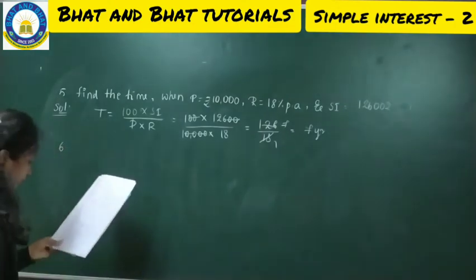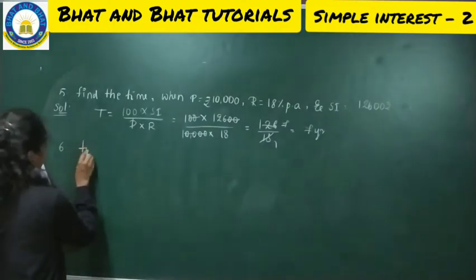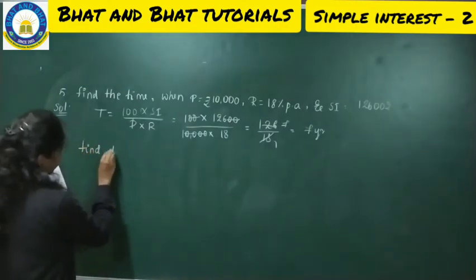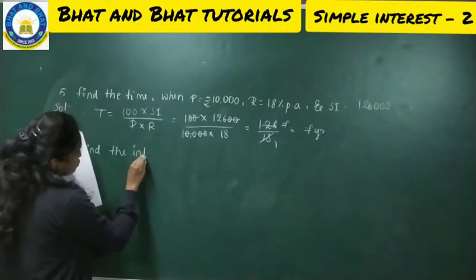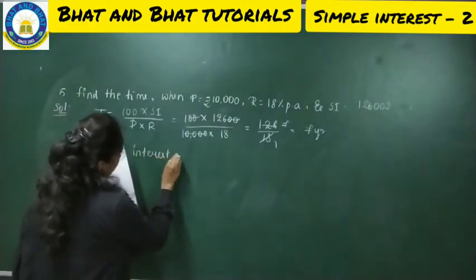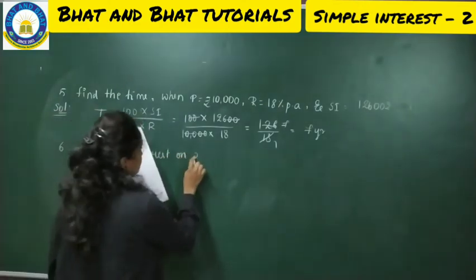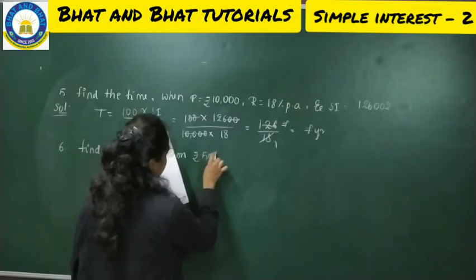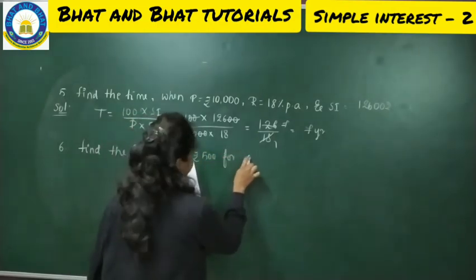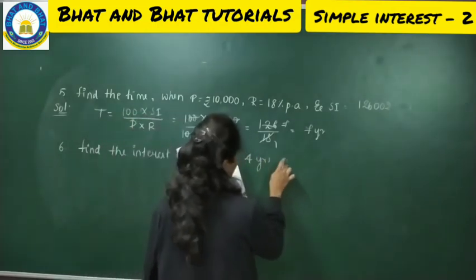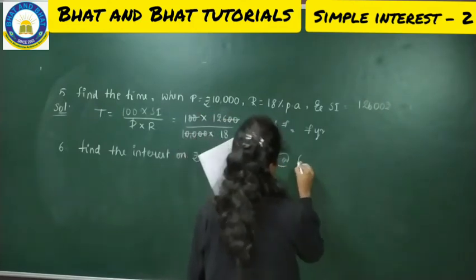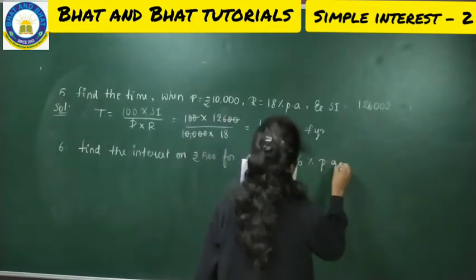Have a look into it. Find the interest on rupees 500 for 4 years at 6% per annum.